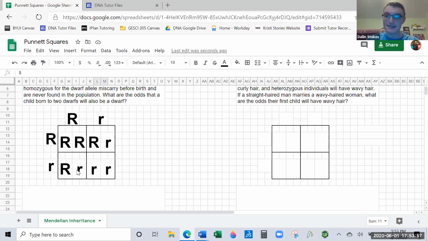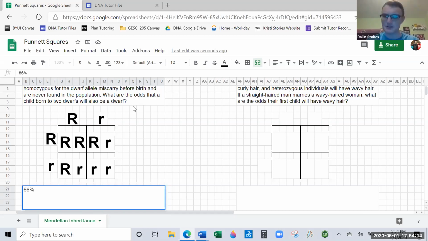So in this case, it was asking, what are the odds that a child born to 2 dwarfs will also be a dwarf? The answer here would be 66%. Does that make sense? Because 66.66666, whatever, is 2/3.